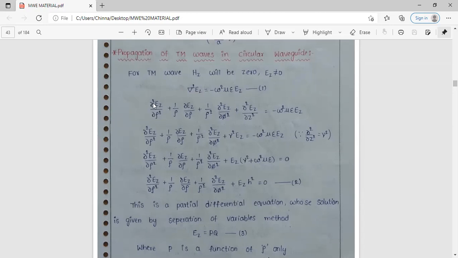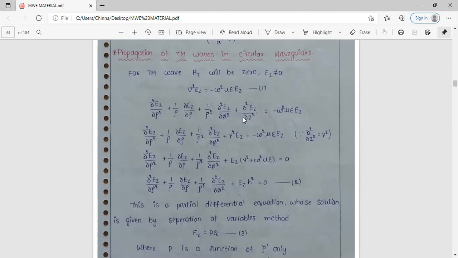And coming to dou square Ez by dou rho square plus 1 by rho into dou by dou rho of Ez plus 1 by rho square into dou square by dou phi square of Ez plus dou square by dou z square of Ez is equal to minus omega square mu epsilon Ez. In the previous case we took Hz; here we take the representation of Ez with the coordinate system. Okay, rho, phi, z is the coordinate system for the circular waveguide.